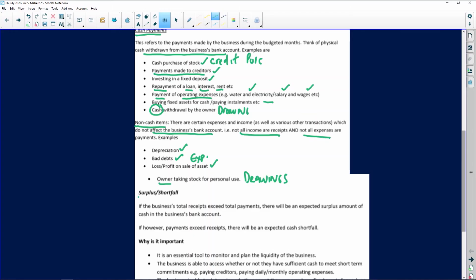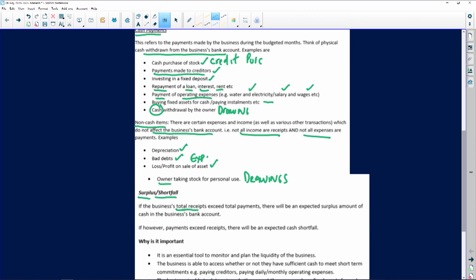Right, so let's now turn our attention to what is a surplus, what is a shortfall of cash. So remember guys, when we talk about a surplus, it basically means that your total receipts is greater than your total payments. In other words, your total receipts exceeds total payments.